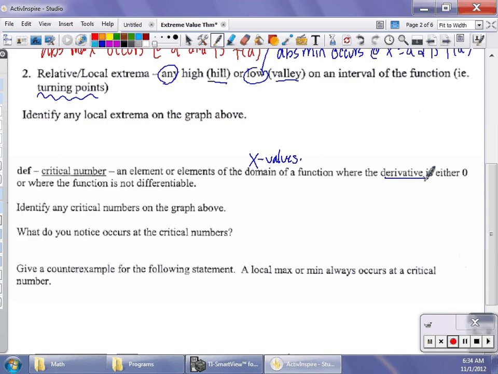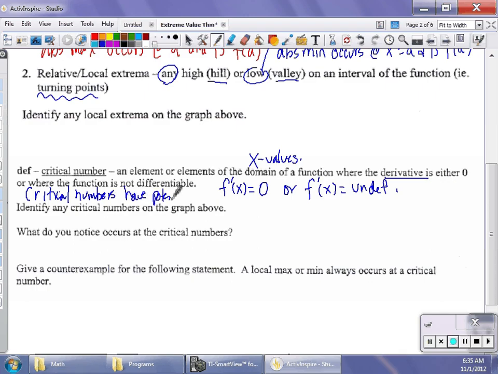So if we want to find a critical number, we set the first derivative equal to 0, or we have to figure out where the first derivative is undefined. Any value of x that makes the derivative 0 or undefined is a critical number. And what I want you to remember about critical numbers is this. Critical numbers have potential.